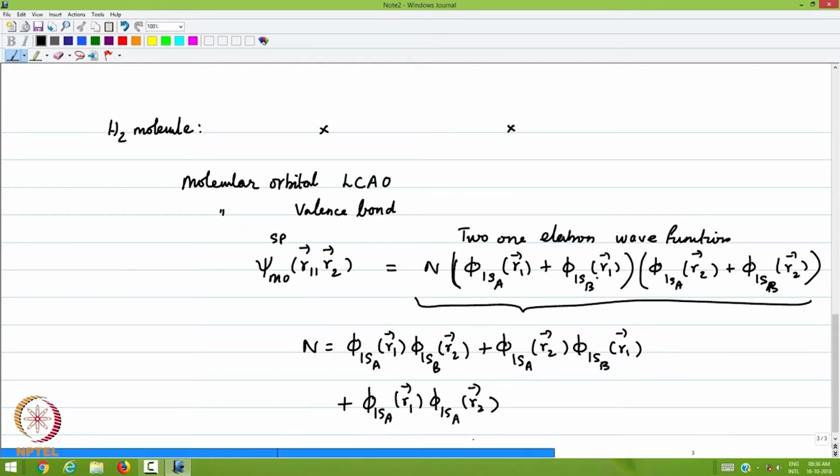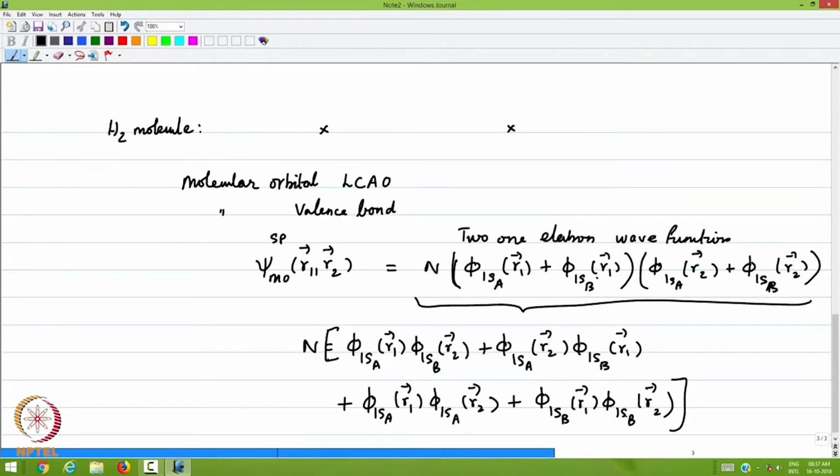Essentially, this corresponds to the likelihood of the two electrons being associated with the same nucleus, the nucleus here being A. And likewise, phi 1s B of R1 times phi 1s B of R2, where the two electrons are associated with the other nucleus. If you look at it carefully, all of them are weighted with the same probability, with a common normalization constant.